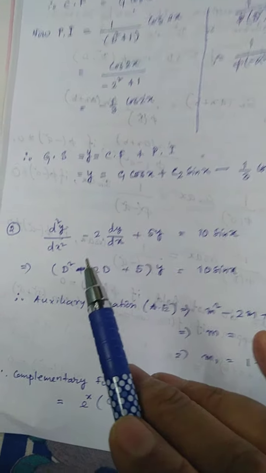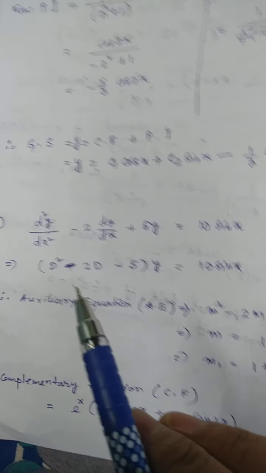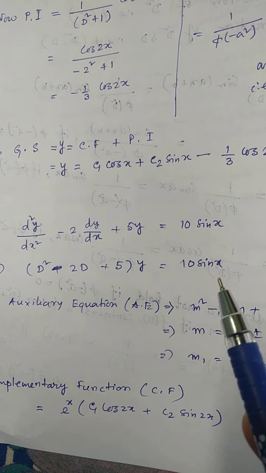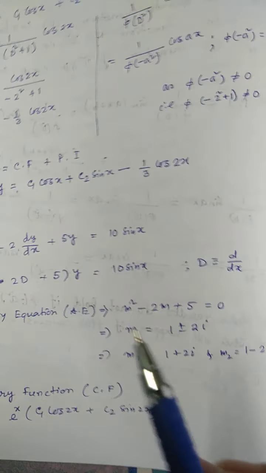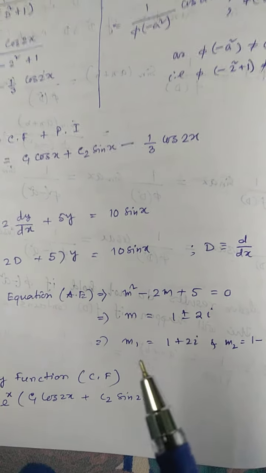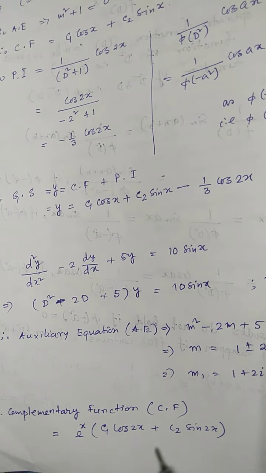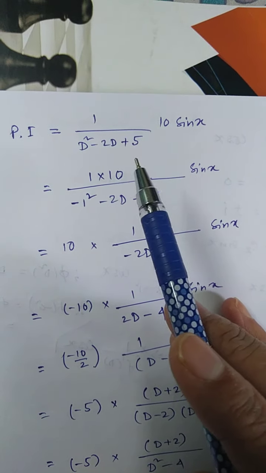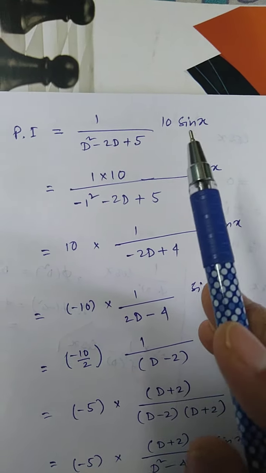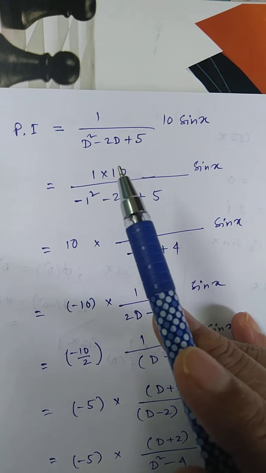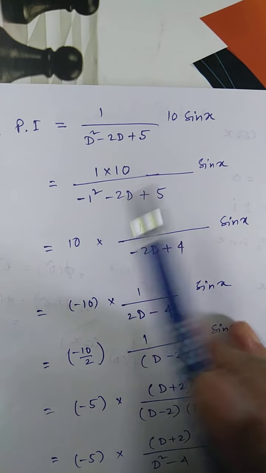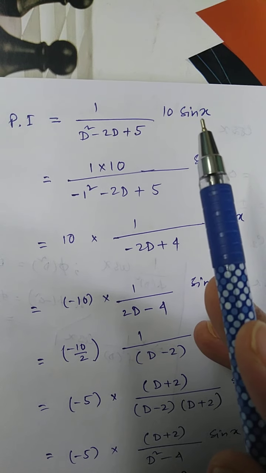Next example, where our differential equation is (D² - 2D + 5)y = 10 sin x. We get the auxiliary equation in this form, so the complementary function will be here. Now for the particular integral, this is 1/(D² - 2D + 5) times 10 sin x. 10 is the multiplier, so we can take it out. In D² we put minus 1², because the coefficient of x is 1.